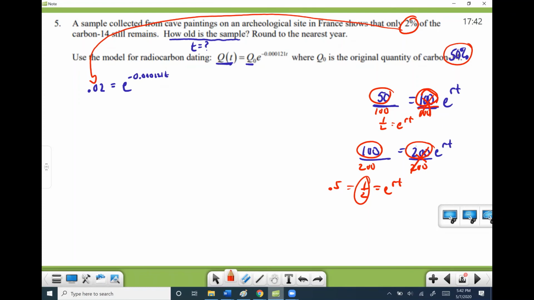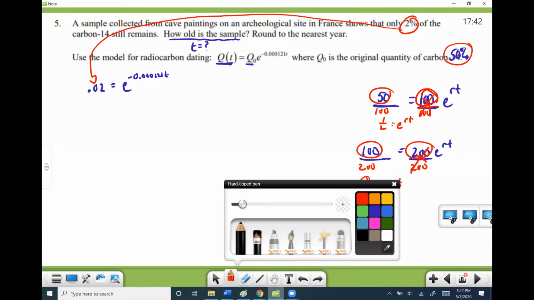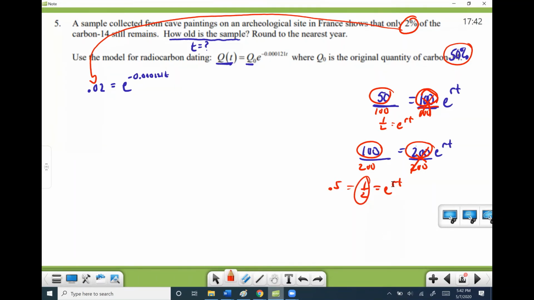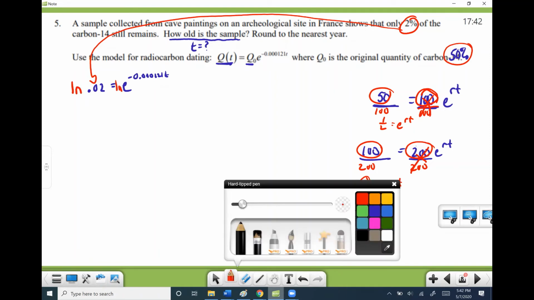Use the model to find t. Great. Okay, so isolate the exponential. Done. What do we do after that? Got it. Get an L in here. Get an L in here. Nice, you guys. And you know these are going to cancel each other out.